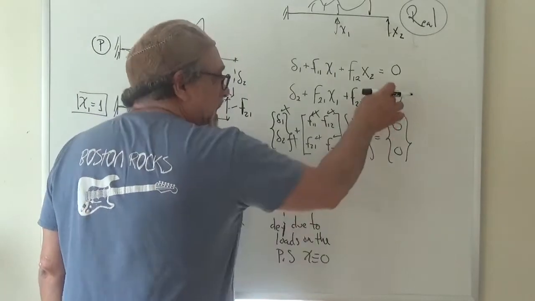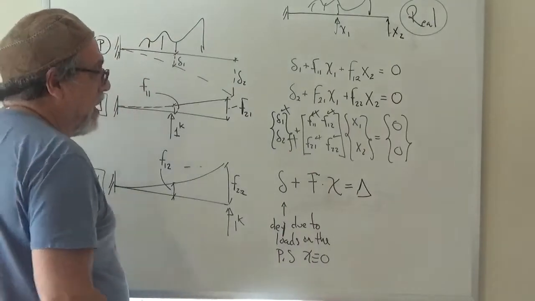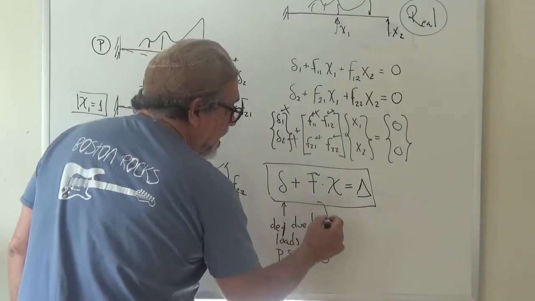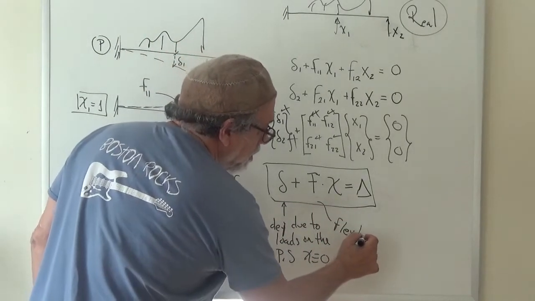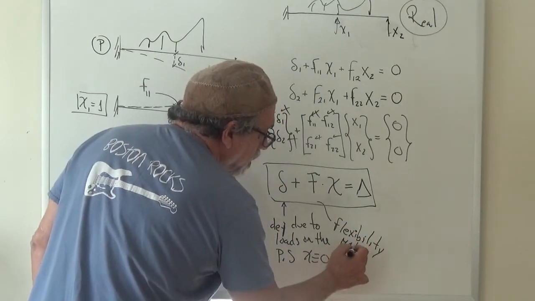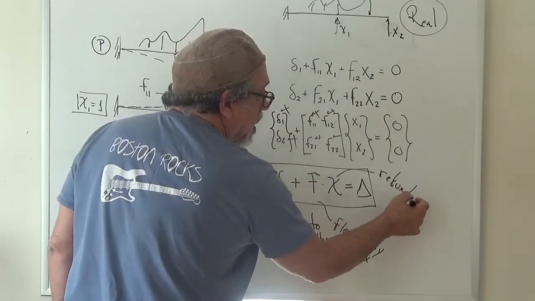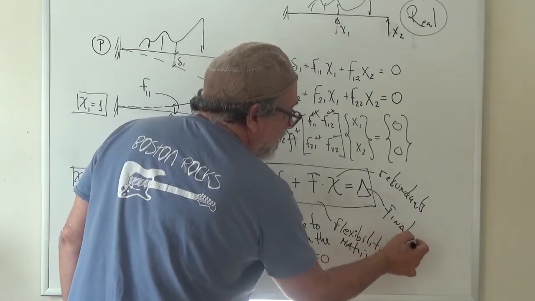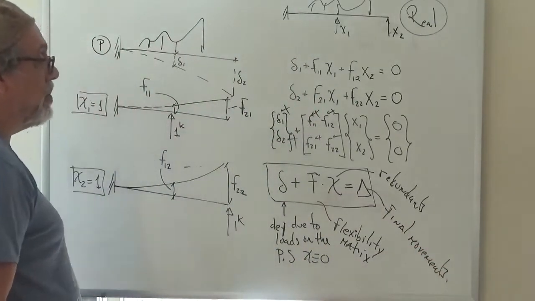And then the right side need not be 0. It is most of the time, but we just call it delta. So the flexibility method in general is just this. This is the flexibility matrix. These are the redundants. And these are the final movements, if any, at the location of the redundants.